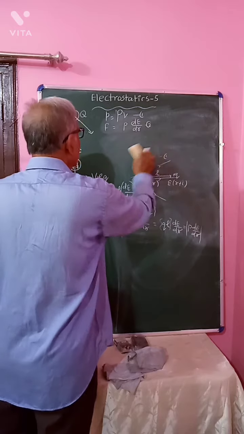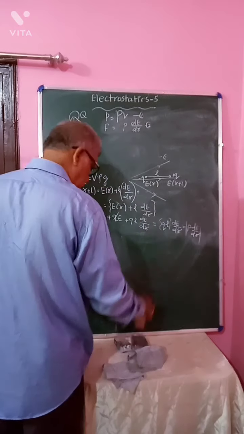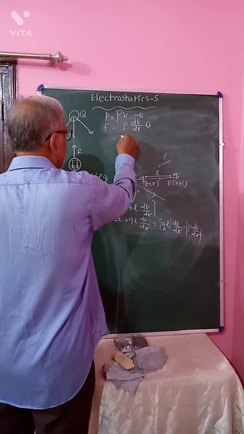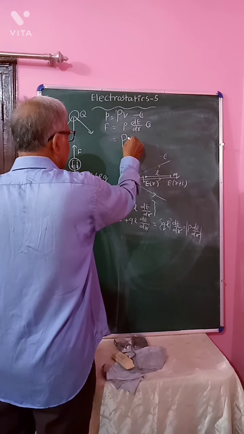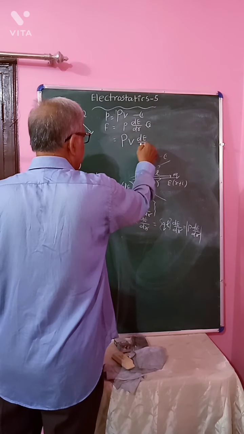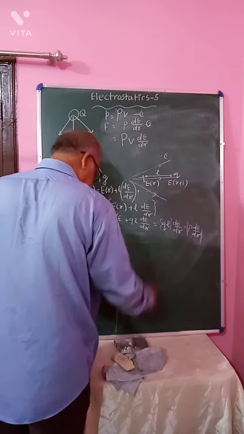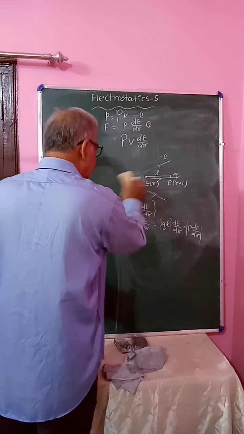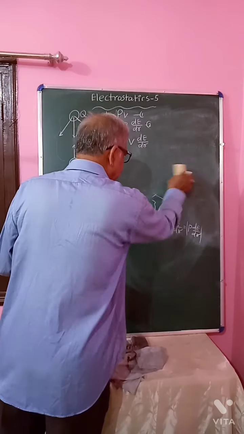So how to find out polarization? This is dipole moment. This I can write, it is equal to polarization times volume V times dE by dr.